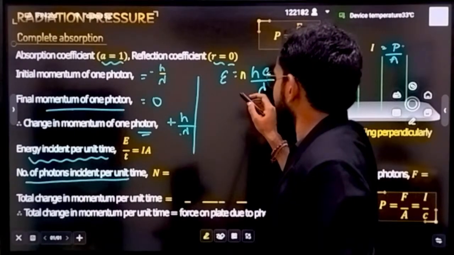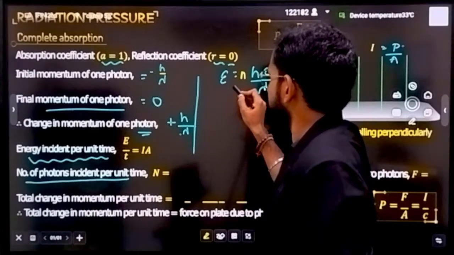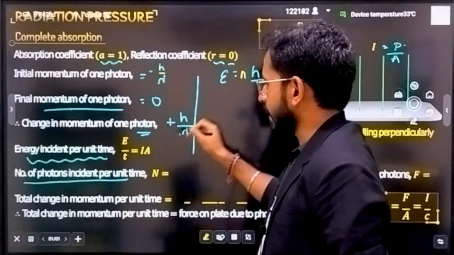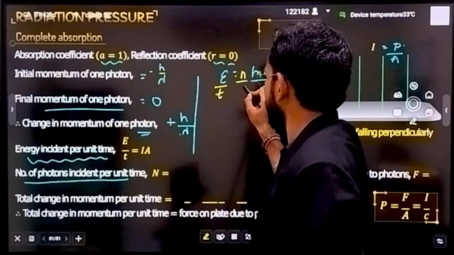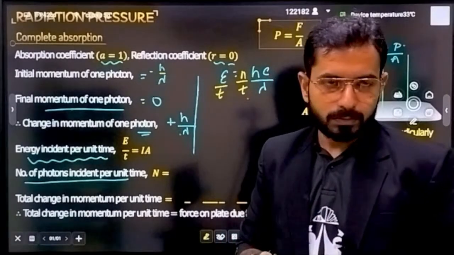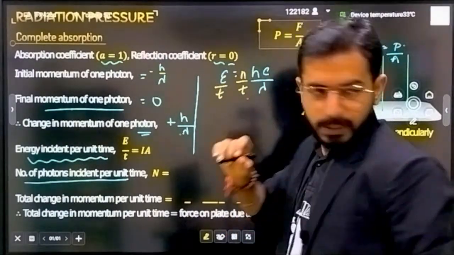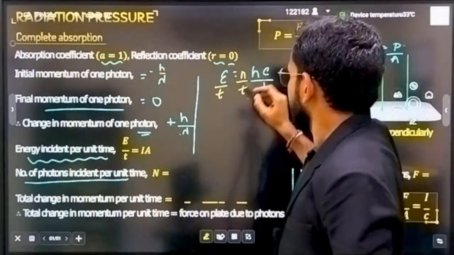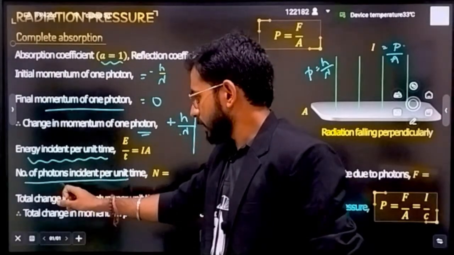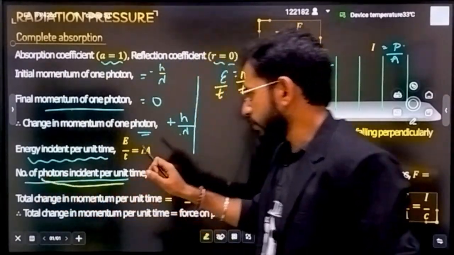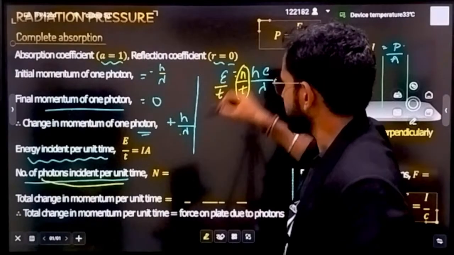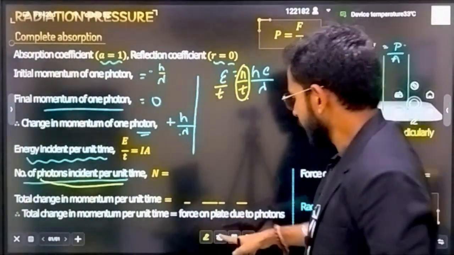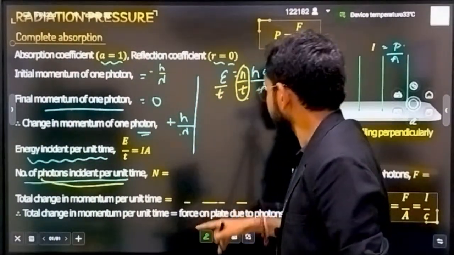Now, if I ask you to write energy per unit time, you will write t here, and here also you will write t. Correct? Divide both sides by t. Clear? Exactly what I'm asking you, tell me the number of photons incident per unit time. Can you say this is what I want to calculate? Correct.